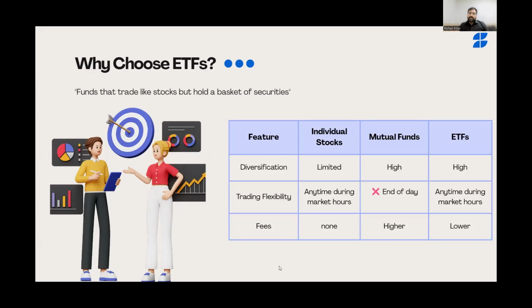The difference is that with an ETF, you can trade during market hours, compared to a mutual fund where you need to place a sell order and it takes a couple of days for the funds to come into your account. And the biggest difference between a mutual fund and an ETF is the fees that you pay. Typically, mutual funds charge you a higher expense ratio compared to ETFs. I'll be showing you a few examples of them further down in the webinar.